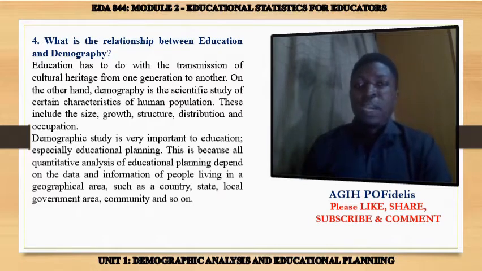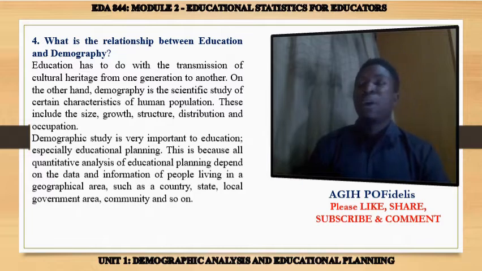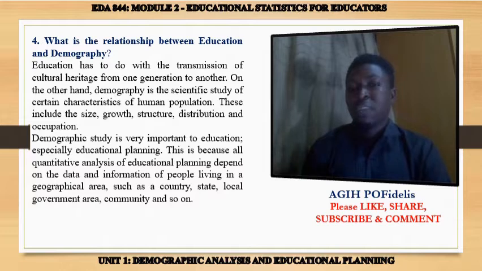If you are a school planner, for instance, you have to know the number of the school going age population before you can plan effectively for the number of schools, the teachers, and other resources that the education of such people will require.